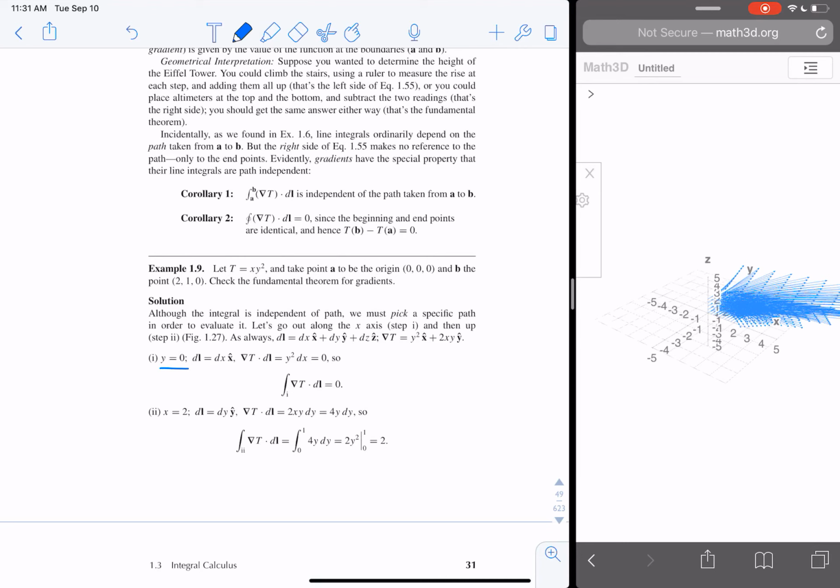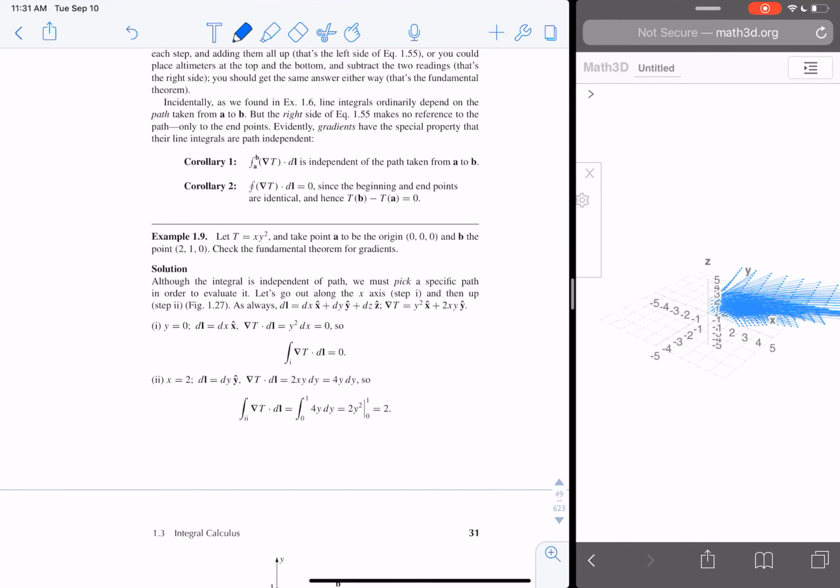On the first section, y is 0. Your dl component then is only in the x hat direction, so your gradient dotted into dl just gives you y squared dx, and that equals 0. So your gradient dotted into dl equals 0 for that first section.